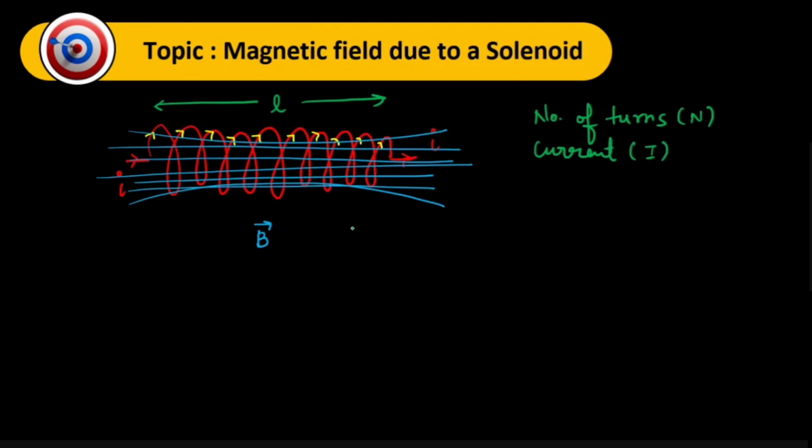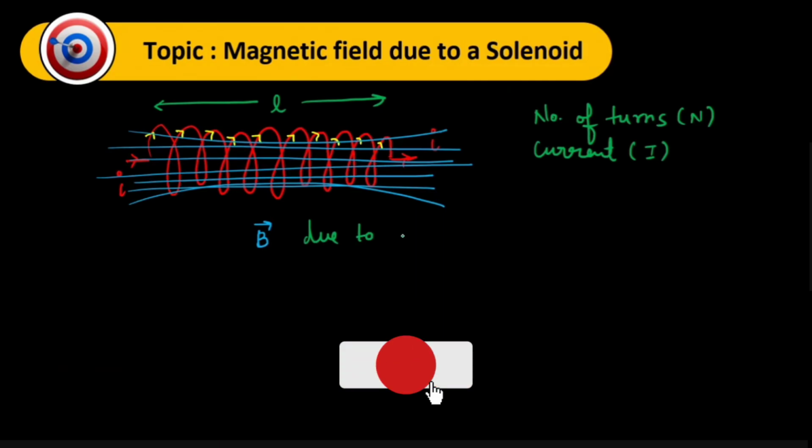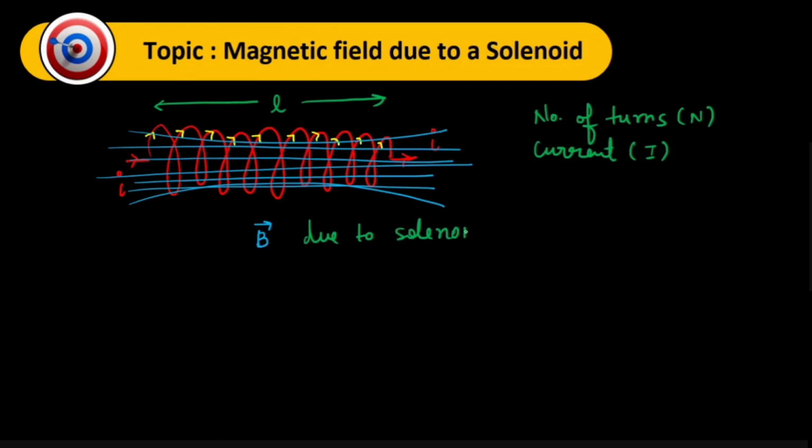So here what we have found is that the magnetic field due to solenoid is something which is directly proportional to the current, which is directly proportional to the small n, where the small n is nothing but number density.